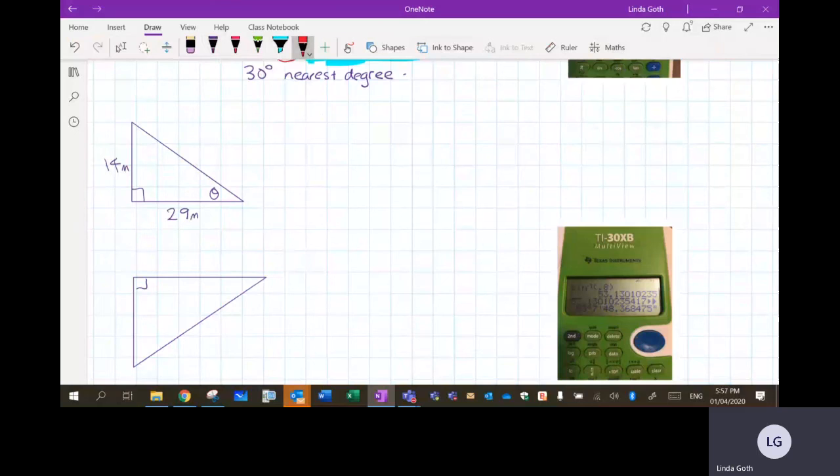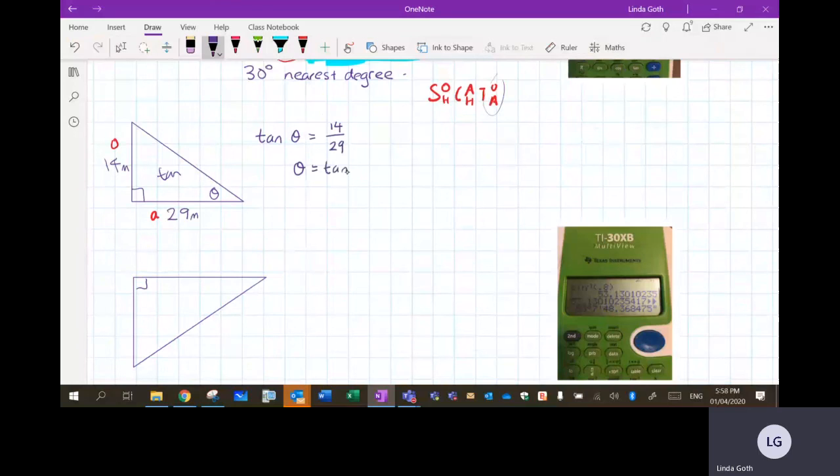We're going to label our sides. This is the adjacent, this is the opposite. We'll definitely need our SOHCAHTOA, as we do in nearly every trigonometry question. So it's definitely going to be a tan question, because we've got O and A. So we'll say tan of theta equals 14 on 29.